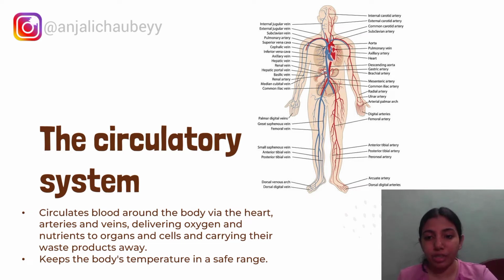Apart from this function, the circulatory system also helps to get rid of waste products from our body. This includes carbon dioxide as well, which is exhaled out of our body during breathing, and waste from the other things we eat and drink.